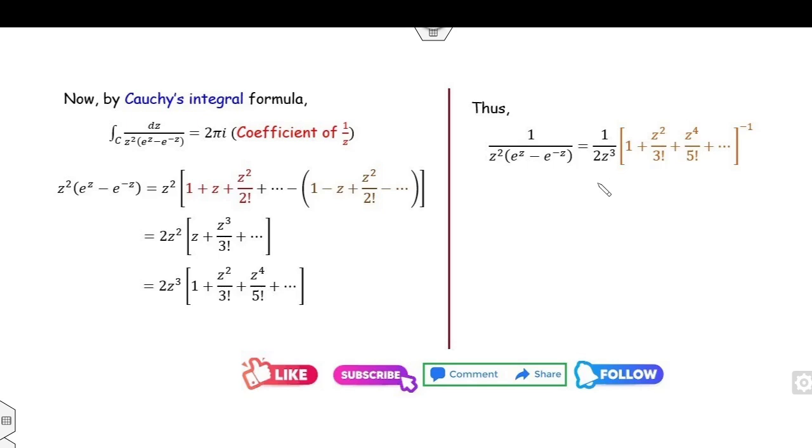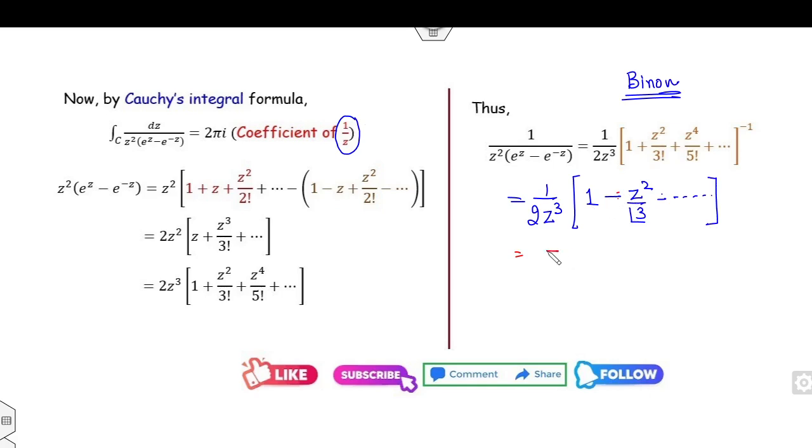Fine. Now since my target is to find the coefficient of 1 by z, that means I need here only the coefficient of the z square. So if you apply the binomial theorem, it will be minus z square over 3 factorial minus and so on. Fine. So can you find the coefficient of 1 over z?